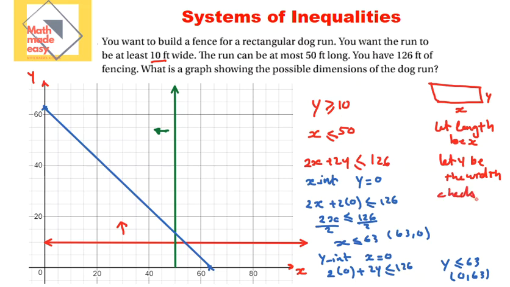So I'm going to check using any point. Let's use (20, 20). If I use the point (20, 20), then 2 times 20 plus 2 times 20 should be less than or equal to 126. Well, 40 and 40, which is 80, is that less than or equal to 126?